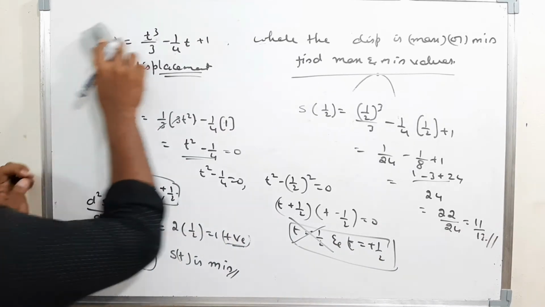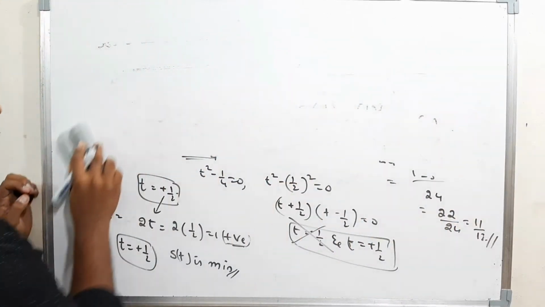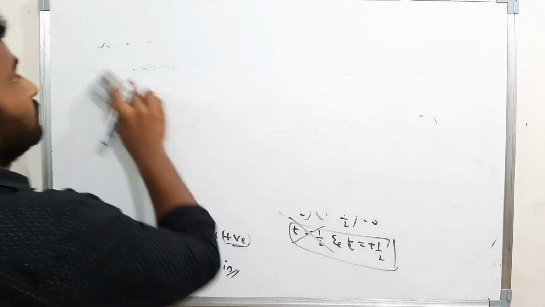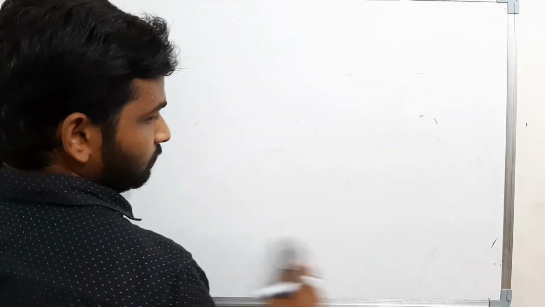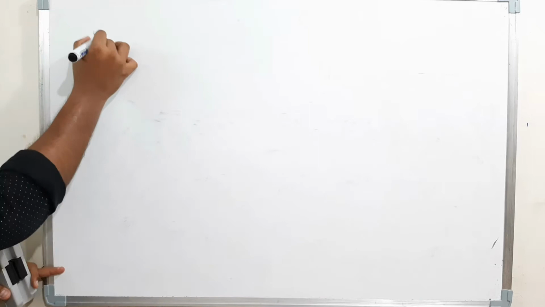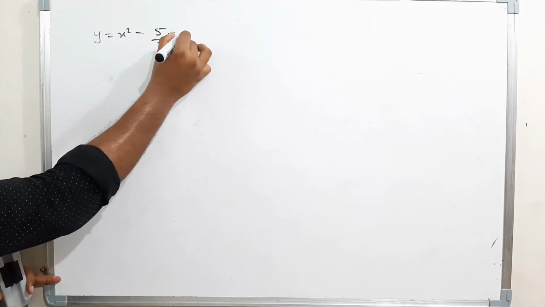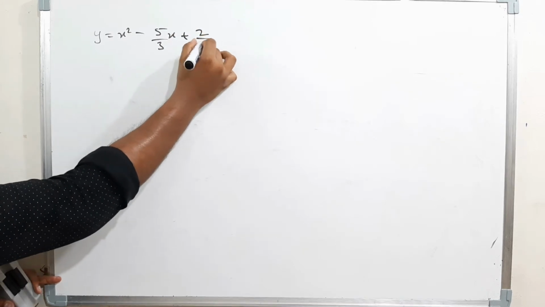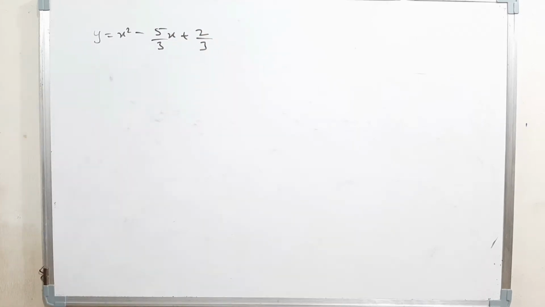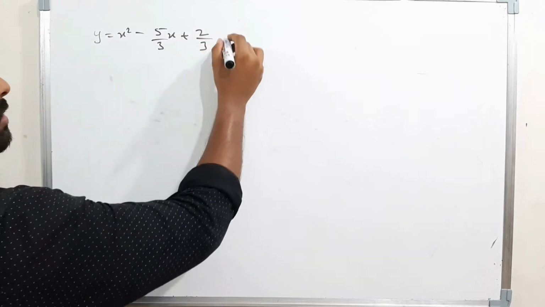Okay, we will see one more problem. y is equal to x squared minus 5 by 3 x plus 2 by 3.